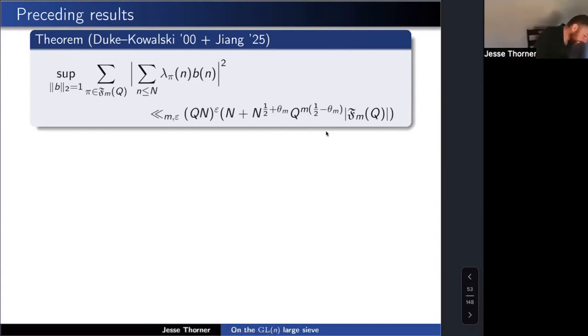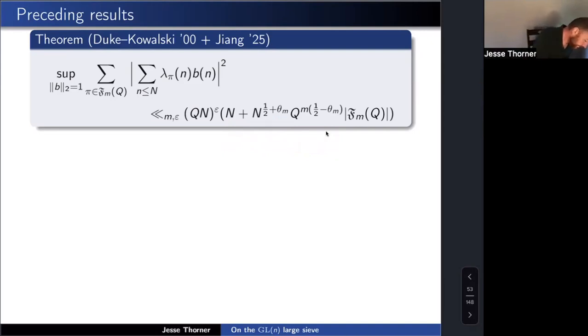So let's keep in mind what the goal is. The goal is N plus the size of the truncated family. And so how far off are we from that? We're off by this factor, N plus N to the power half plus theta m.